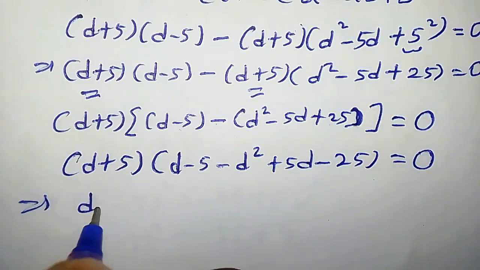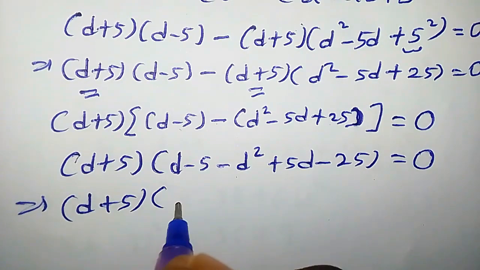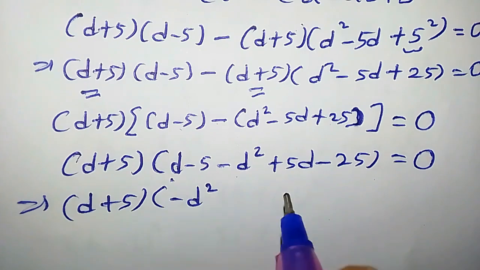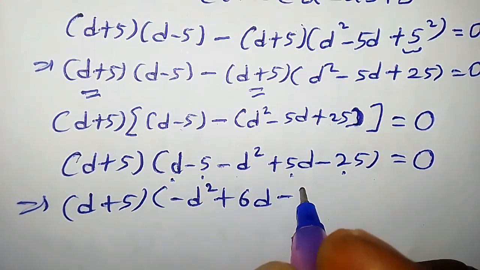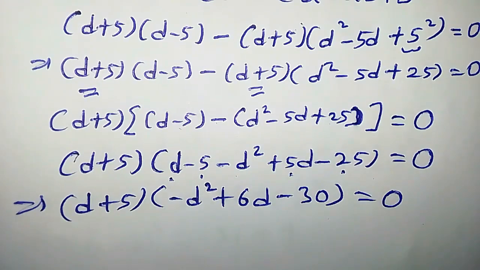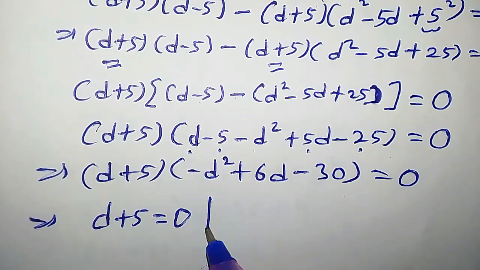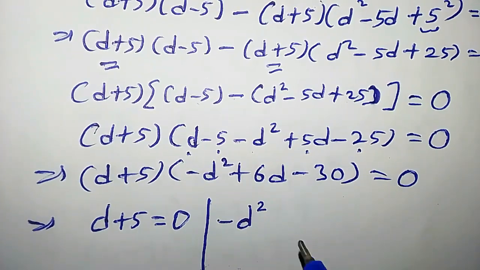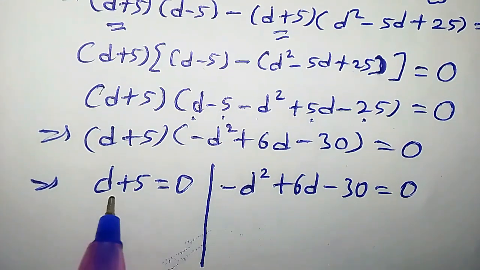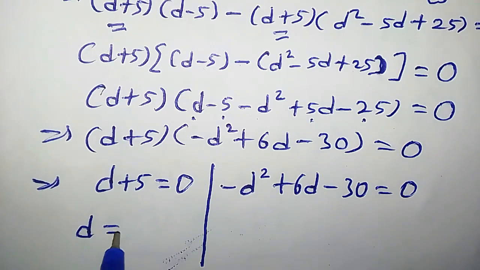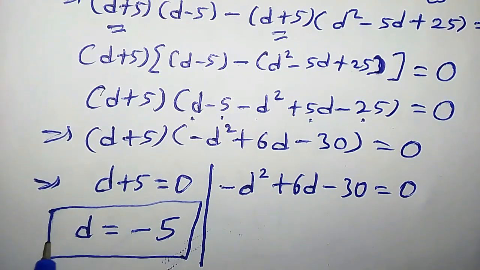This means that d plus 5 into minus d squared plus 6d minus 30, equal to 0. So, d plus 5 is either equal to 0 or minus d squared plus 6d minus 30 is equal to 0. From this line, it is obvious d is equal to minus 5. This is the first solution, and it is real.